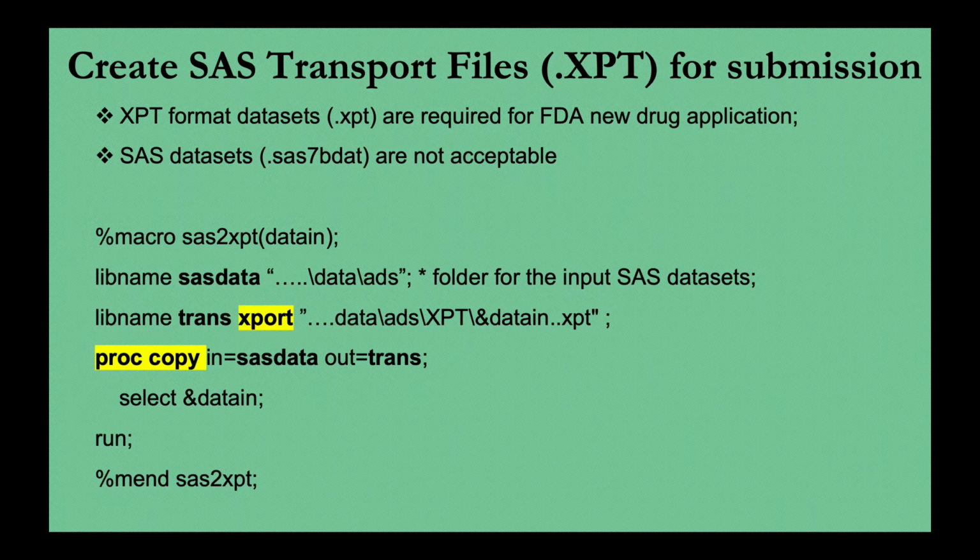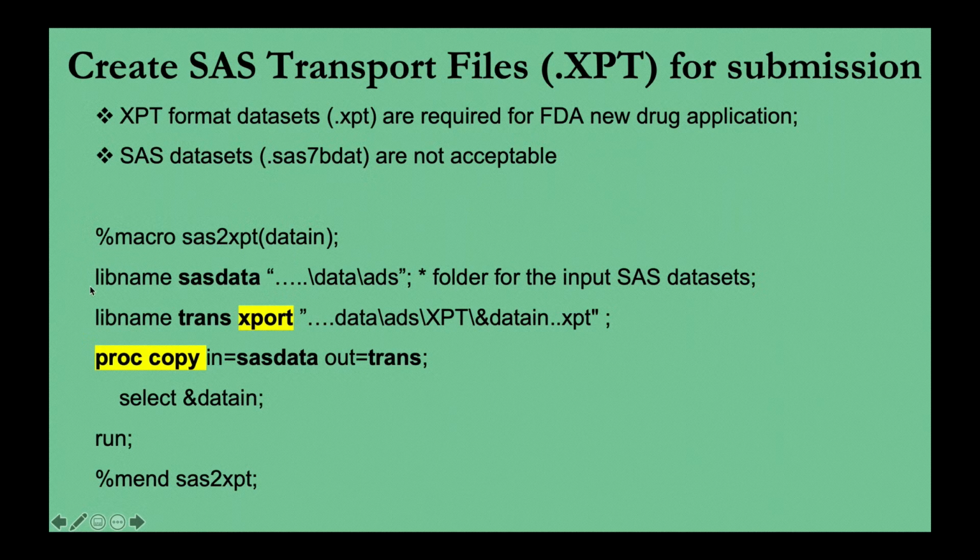Macro. This macro was developed under SAS 9.4 version under Windows environment. So basically, you will have a macro called SAS2xpt, and the parameter is your data in, the input dataset.